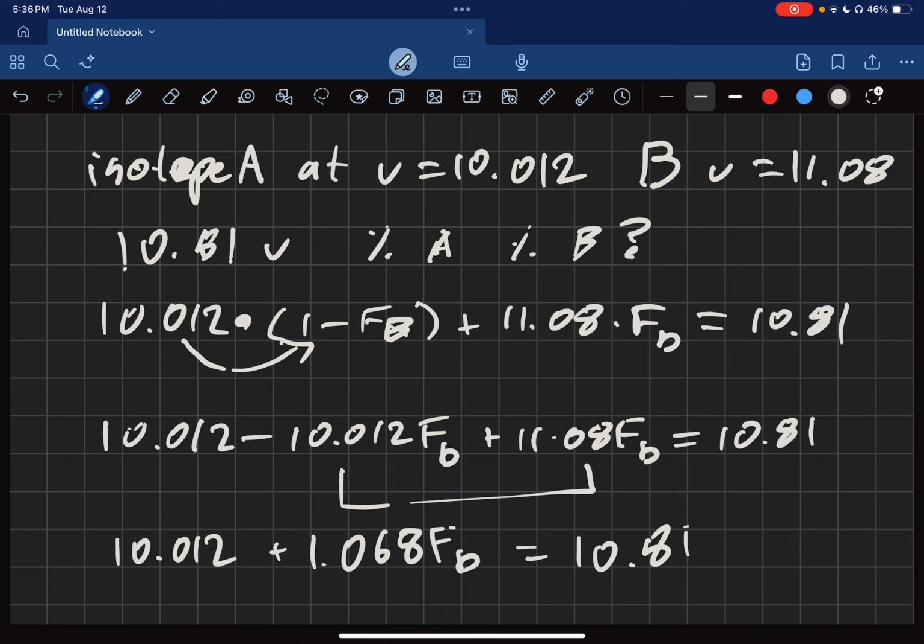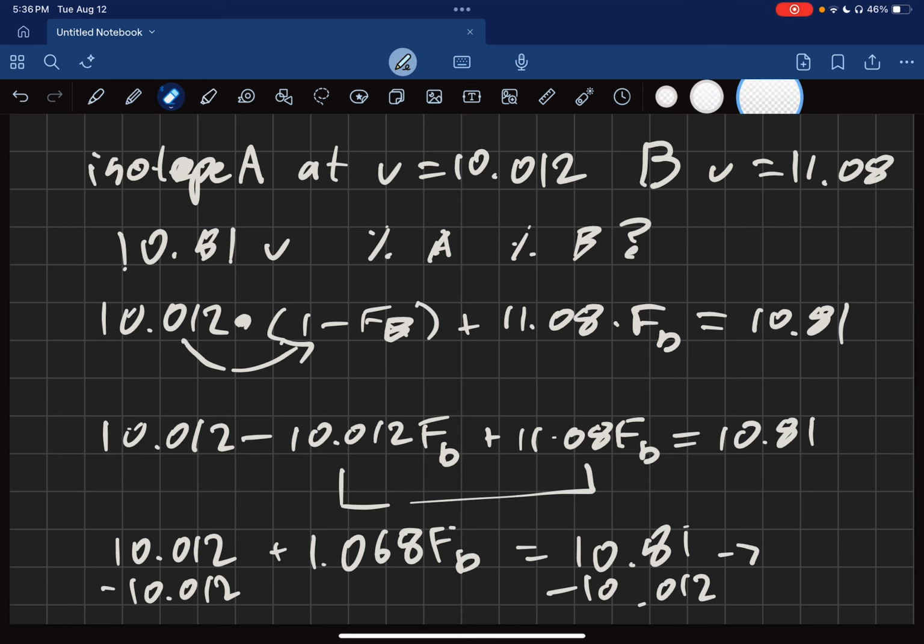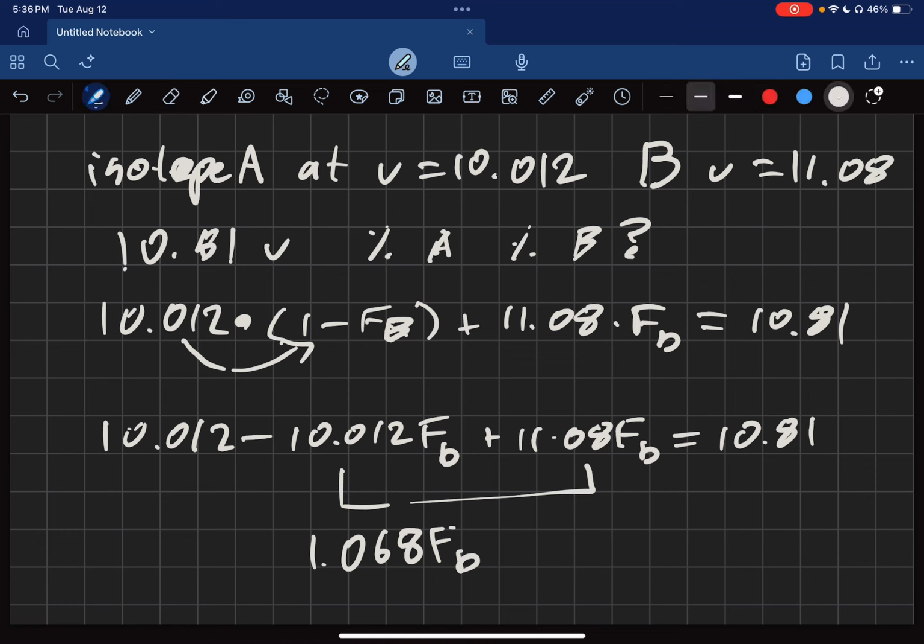And let's get FB on its own. So we'll do minus 10.012 on both sides, and this will leave us with 10.81 minus 10.012, which equals 0.798.